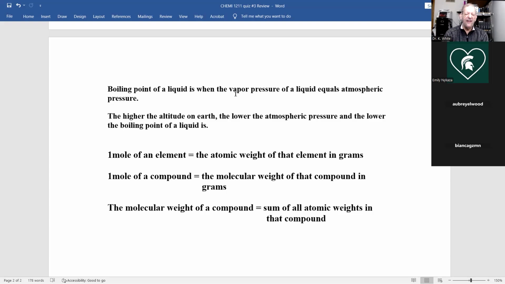Now, the higher the altitude on Earth, the lower the atmospheric pressure. Therefore, you need less energy to make the vapor pressure equal the atmospheric pressure. And because of that, as you go higher up on our planet, the boiling point is lower of that liquid.